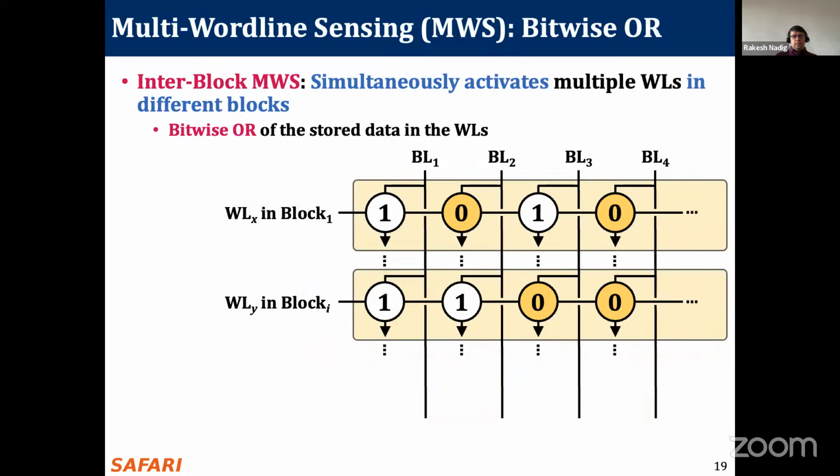Now let's look at how we can perform simultaneous activation of word lines across different blocks. We call this inter-block MWS, where we activate multiple word lines in different blocks. This helps us perform bitwise OR of the stored data in the word lines.